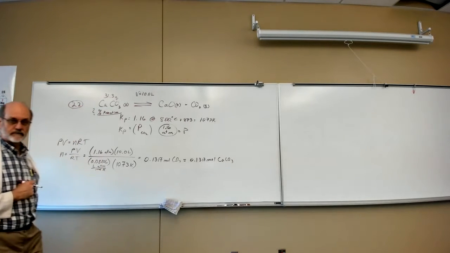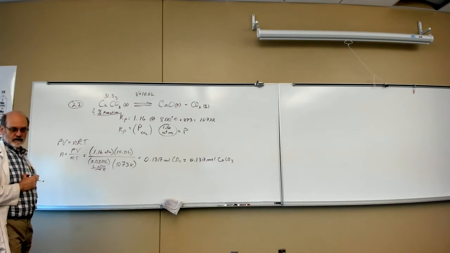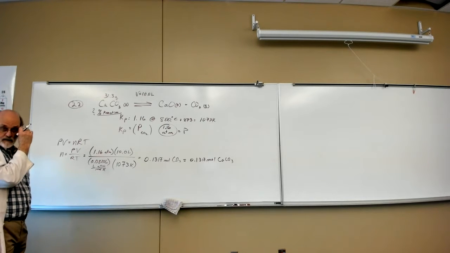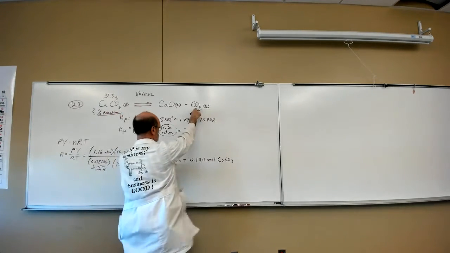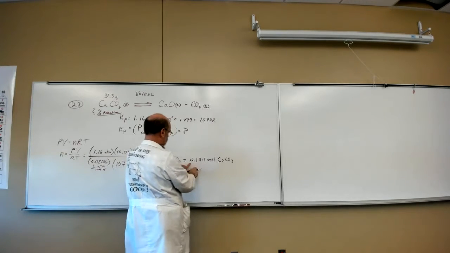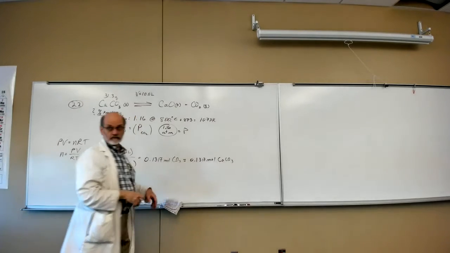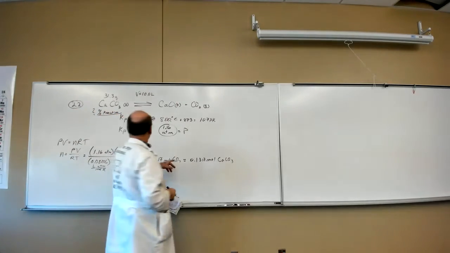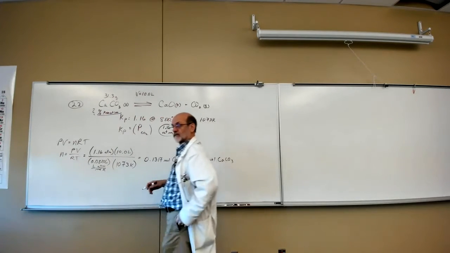Okay, I was just doing my math, so 0.1317. Is that what you got? Yes, that was solving for the number of moles of carbon dioxide. Now you're looking at the coefficients, and that's why you said it was 1 to 1. Right, I just didn't put the conversion factor in there because they're 1 to 1. Now we need to see how many grams of calcium carbonate were consumed.